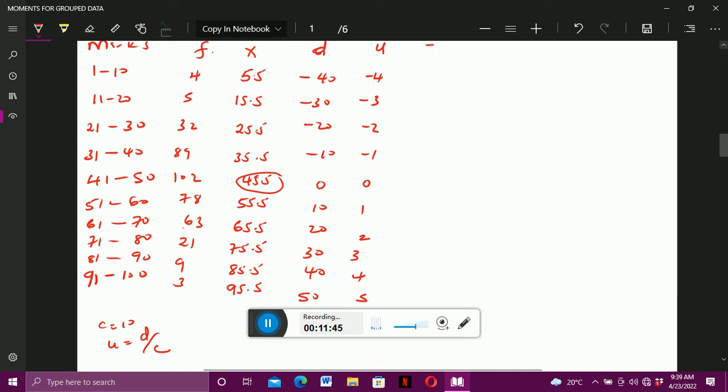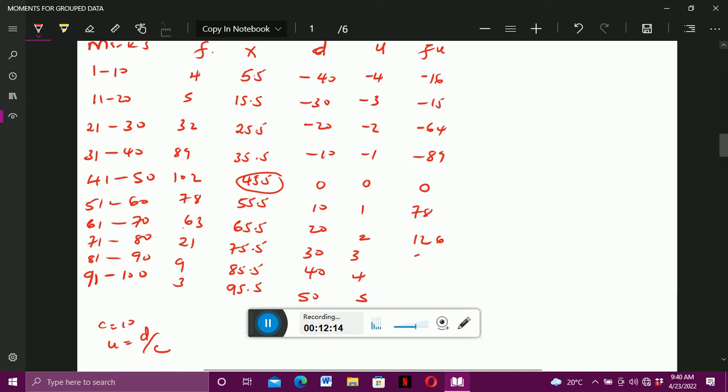Then we'll take every f times u. 4 times negative 4 is negative 16. We'll have negative 15, negative 64, negative 89, 0, 78, 126.